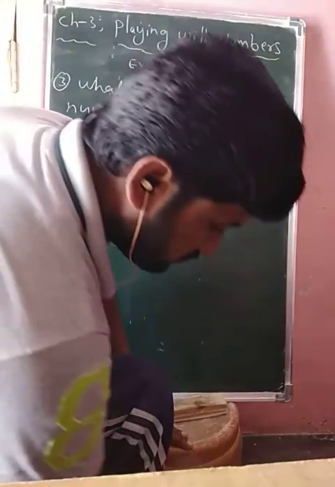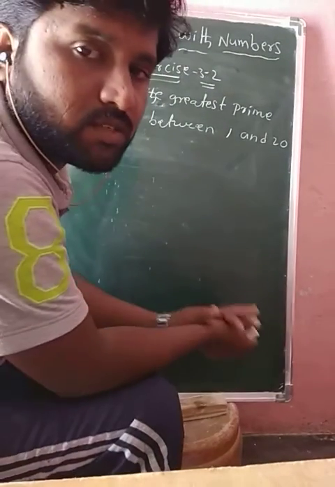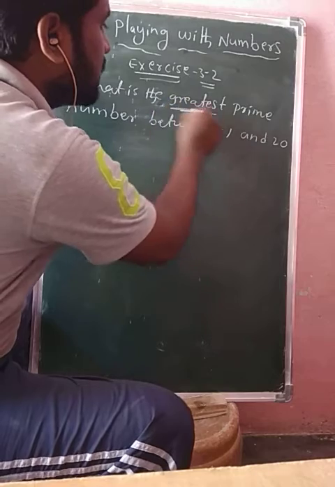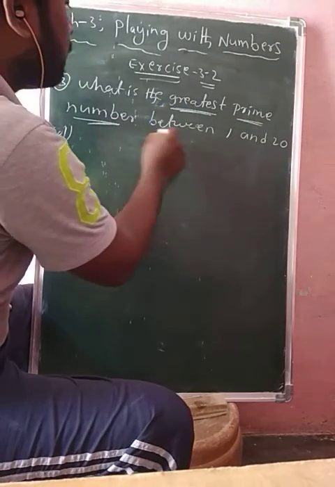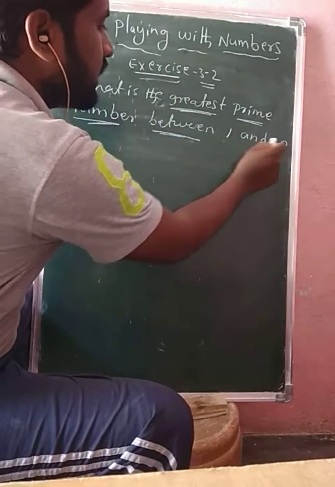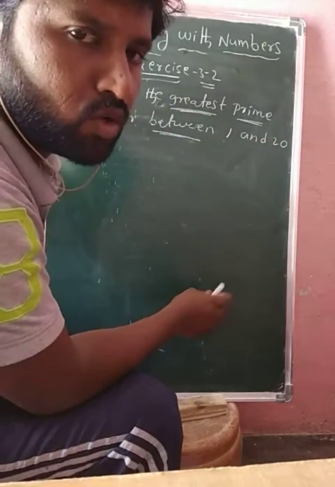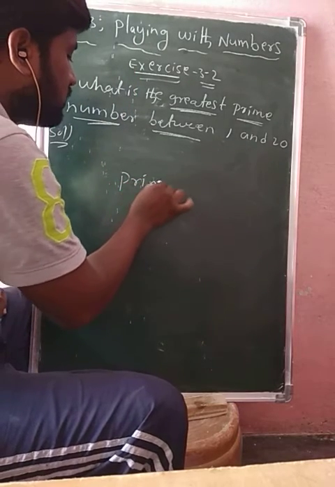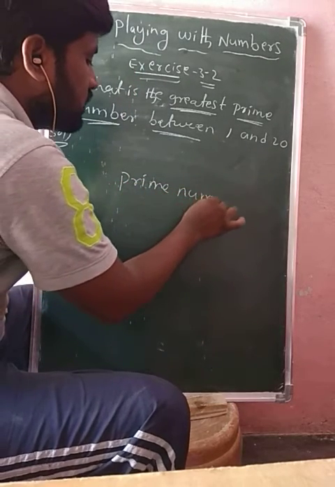Okay students, now see, what is the greatest prime number between 1 and 20? We know what a prime number is. First of all, what is a prime number?